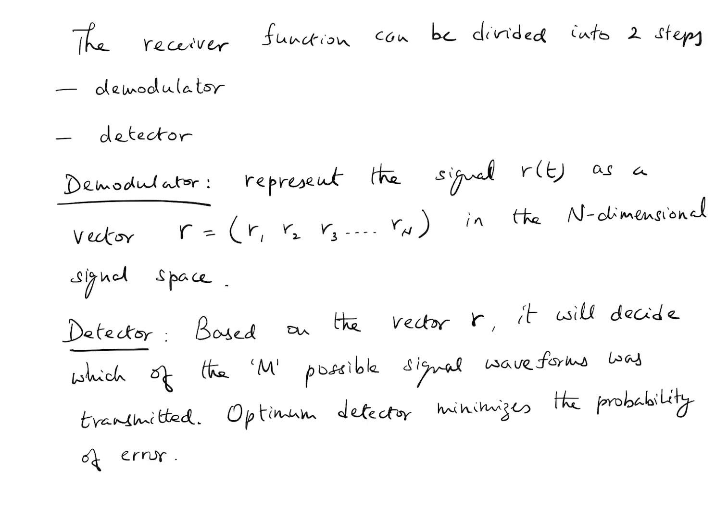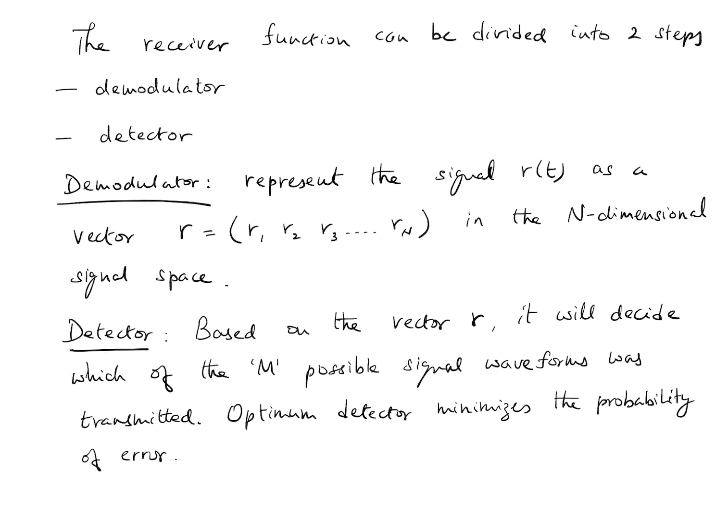Now the function of the receiver can be divided into two parts. The first part we call the demodulation step, and the second step is called the detection part. The demodulation is performed by the demodulator, and the detection is performed by the detector.